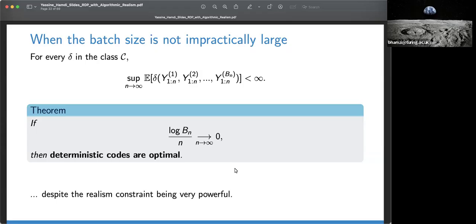And so we don't need any common randomness, especially not large amounts. Deterministic codes are enough, although what we're requiring is pretty stringent, because we're asking that this score be bounded for every log-likelihood ratio.